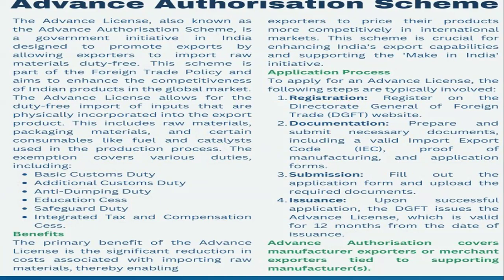Then this 30 rupees which the government gives as compensation, the import duty will be less in the final product to export to other country. In this way, this exported final product will be competitive in the international market. So this is the government initiative to importers and exporters to promote export by giving a duty free scheme.